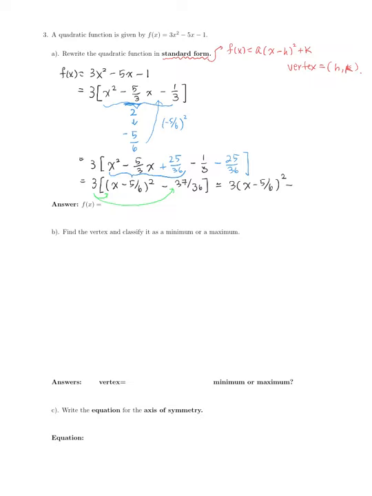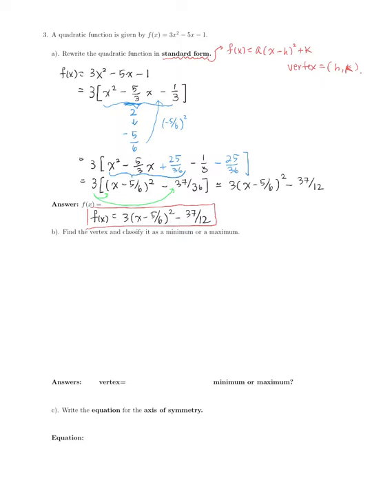And here what we're going to get is 37 over 12. So f of x is 3 times x minus 5 over 6 squared minus 37 over 12. Let me just box that for the answer.